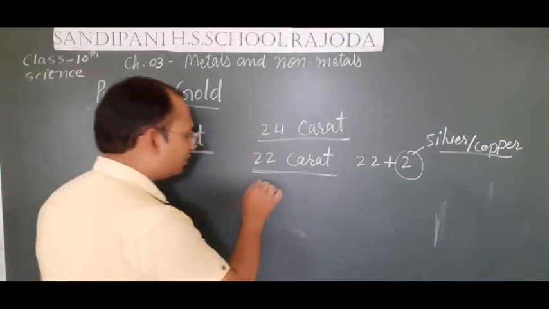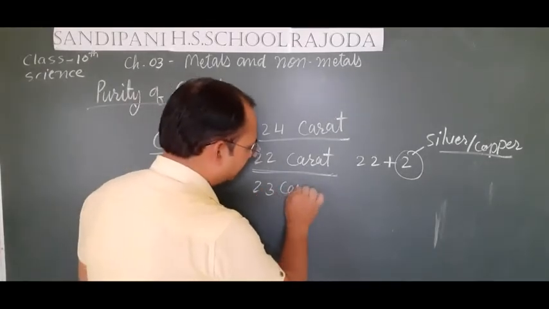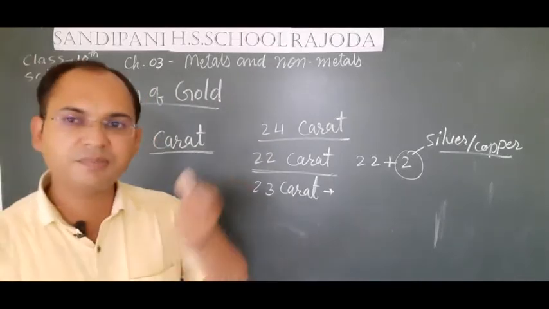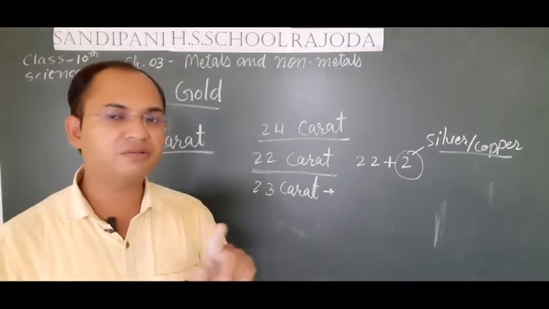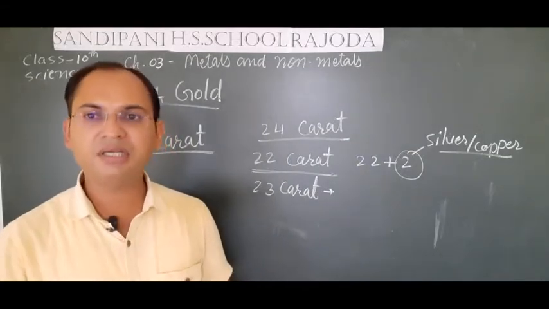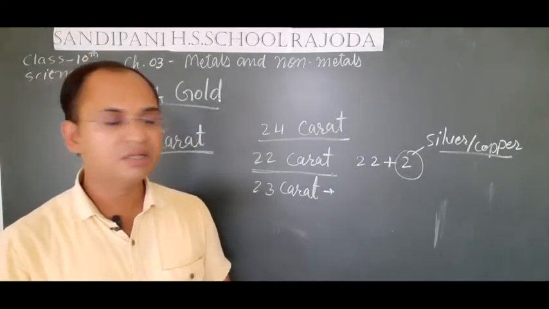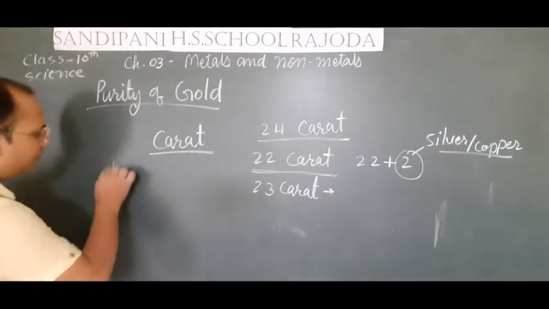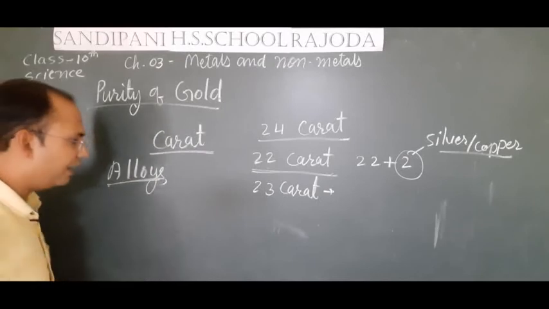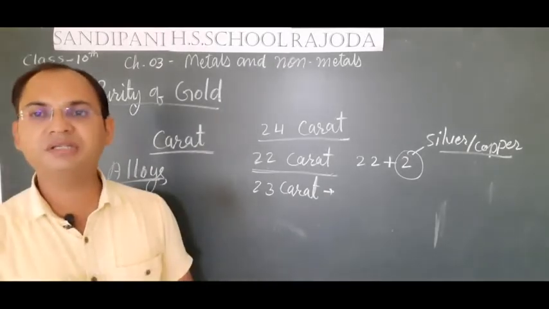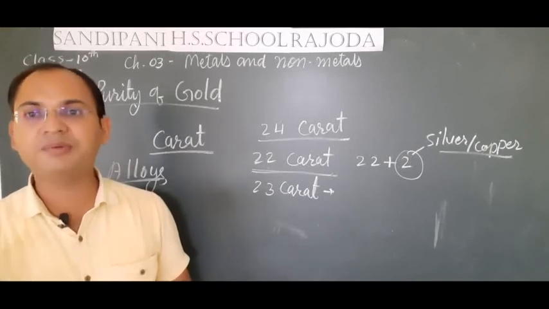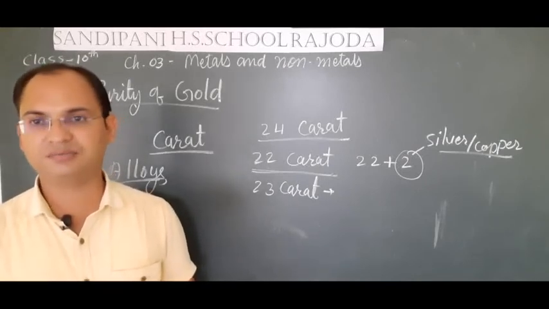If we talk about the 23 karat, that means students, in 23 parts of gold, 1 part of other metals is added, making the alloy of them. Now, what is the meaning of alloy? Alloys are actually, students, the combination of 2 or more metals which have different properties than their constituent metals.